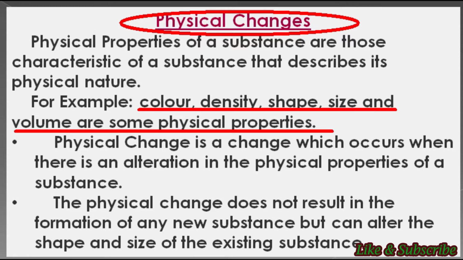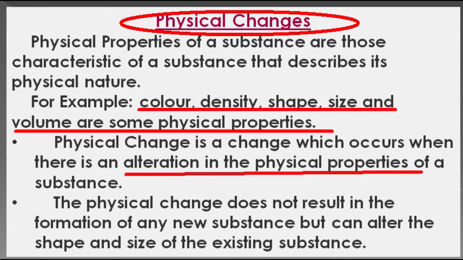Means the change in the color, density, shape, size and volume of any substance are termed as physical changes. And students, as I said, this change occurs when there is an alteration in the physical properties of a substance.